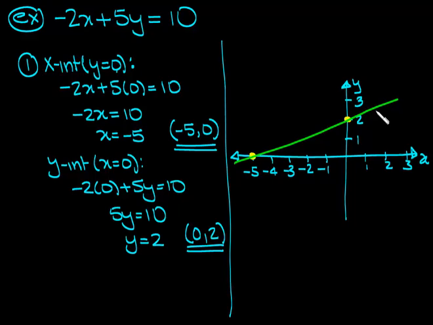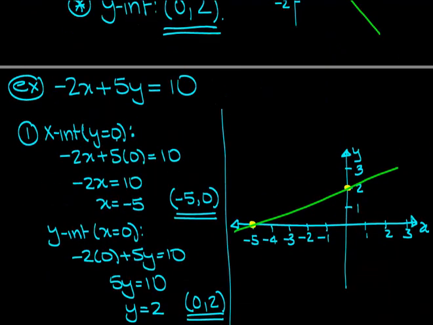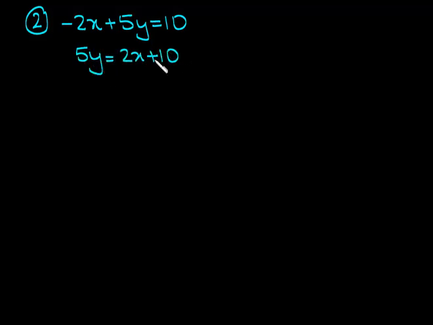Okay. Now, to use this third method where we isolate y, let's do that. Given this equation, negative 2x plus 5y is equal to 10, to be able to graph this, we need to isolate y first. So we get 5y is equal to 2x plus 10. I'm going to move the 2x to the right, divide everything by 5.